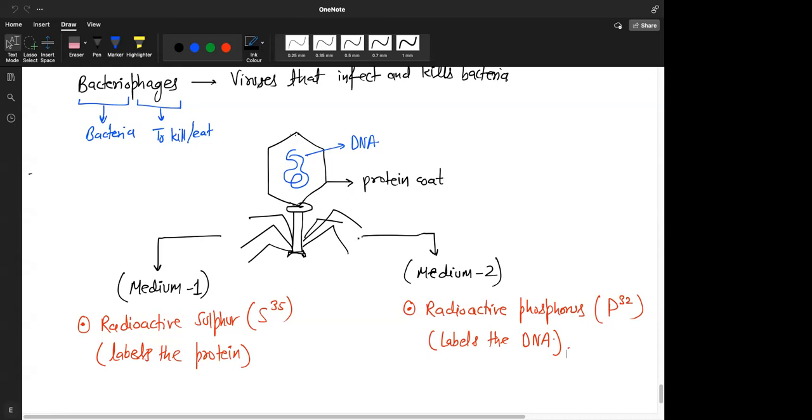Radioactive sulfur medium will give rise to radioactive protein carrying viruses. And radioactive phosphorus medium will give rise to viruses having radioactive DNA.